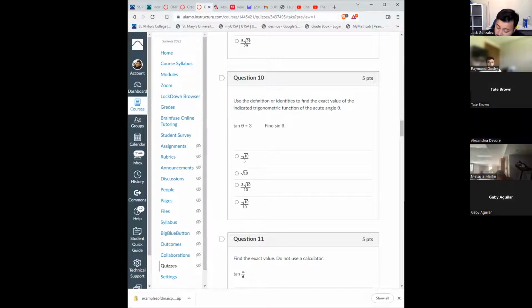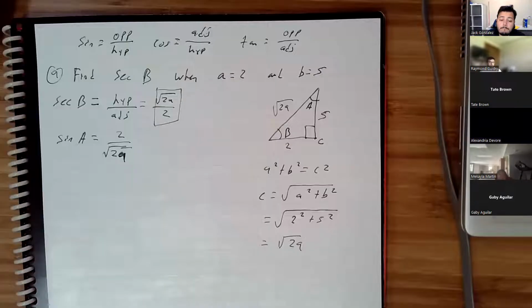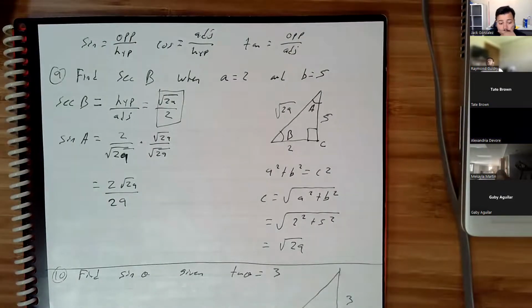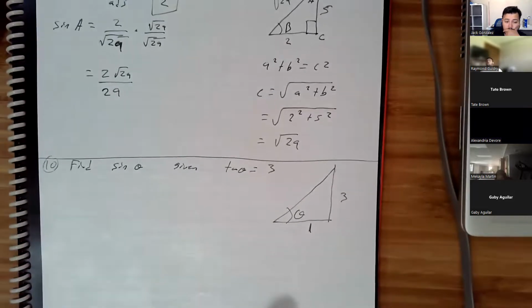Find sine theta, given that tangent of theta is equal to 3.